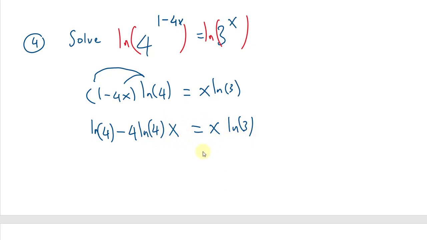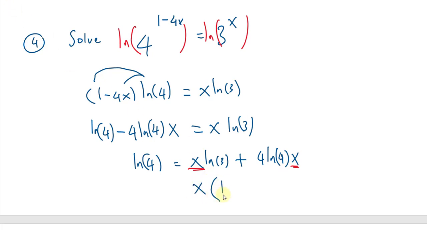We have ln 4 equals x ln 3. We add the term 4x ln 4 on both sides. Now there's the x, there's the x, so I can factor that. ln 4 equals x times ln 3 plus 4 ln 4.